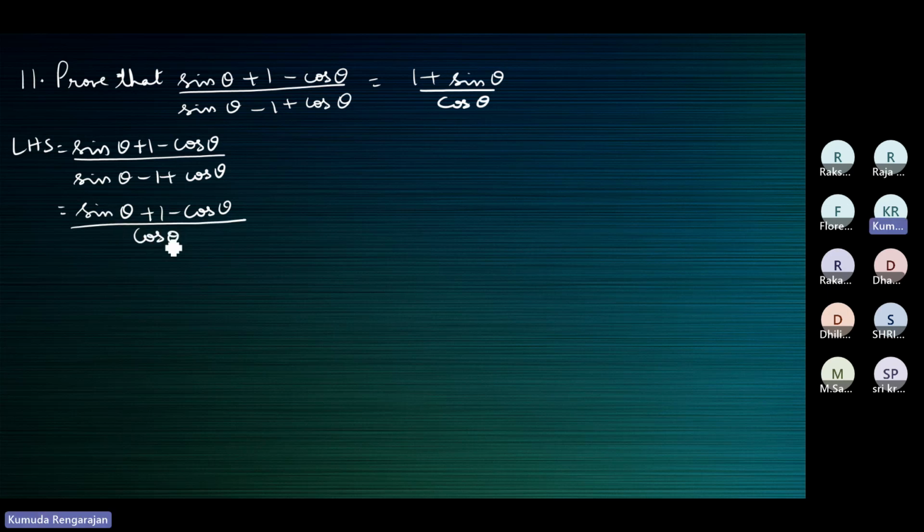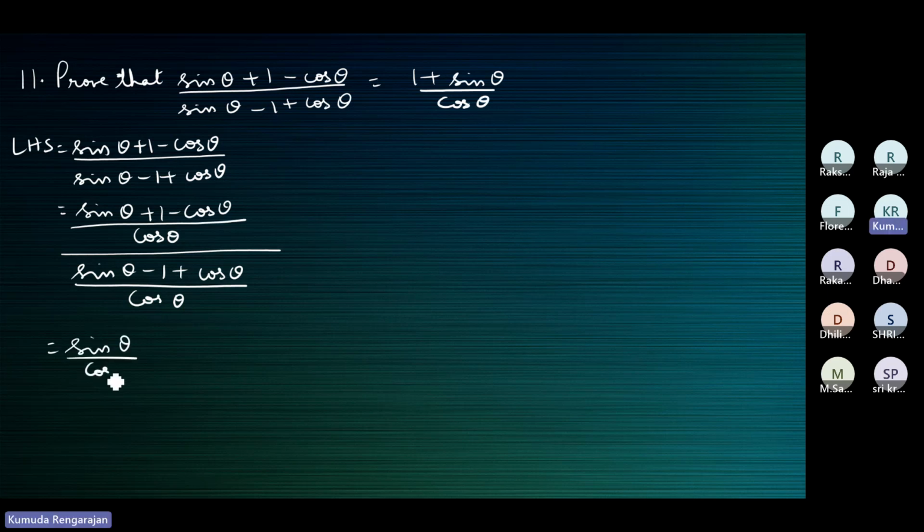Now sine theta by cos theta will be tan theta, 1 by cos theta is secant theta, minus cos by cos is 1, divided by sine theta minus 1 plus cos theta divided by cos theta. So we divide both the numerator and denominator by cos theta.